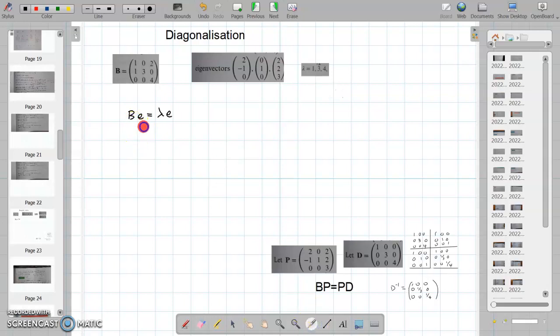Okay, starting off with Bv equals lambda v, we don't really have to start off with that. But from what we discussed before, you can see that BP equals PD.